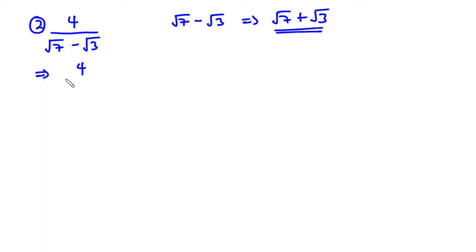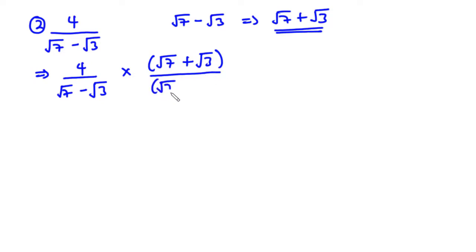So we have 4 divided by root 7 minus root 3 times root 7 plus root 3 divided by root 7 plus root 3. So let's multiply across. Now 4 times root 7 plus root 3 is 4 outside, and then we have root 7 plus root 3 inside the bracket.